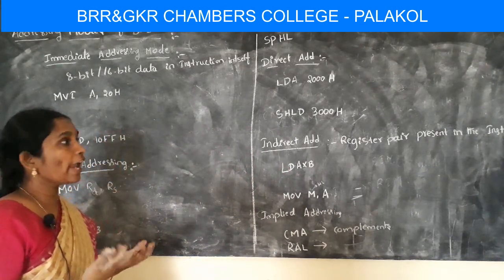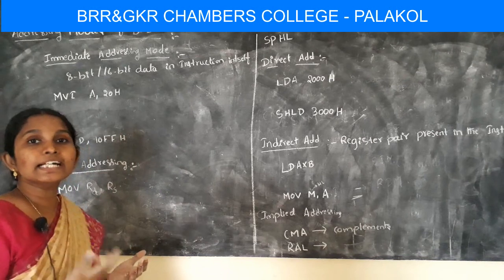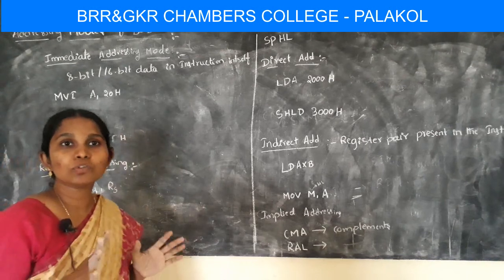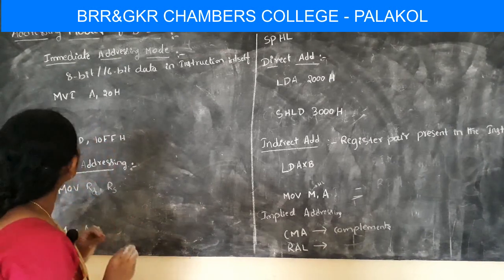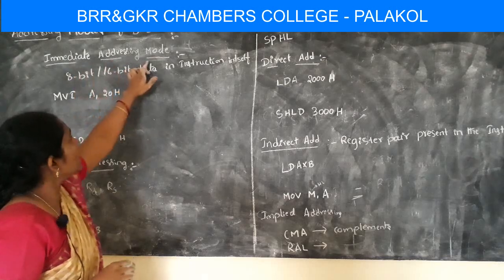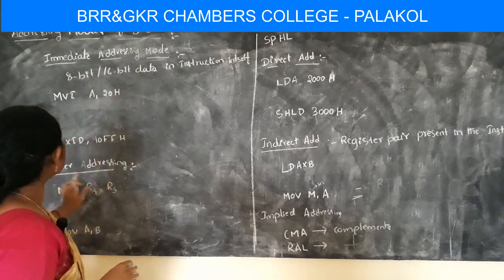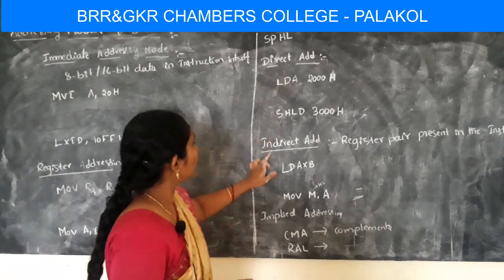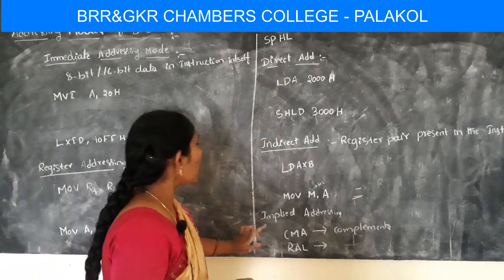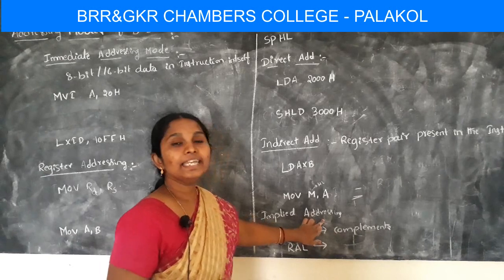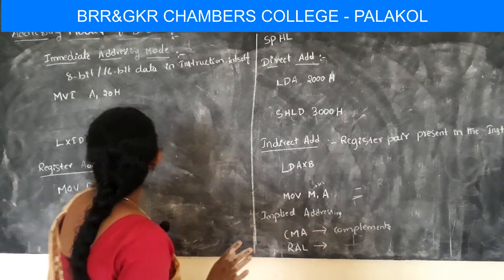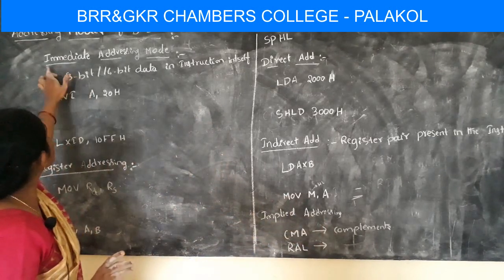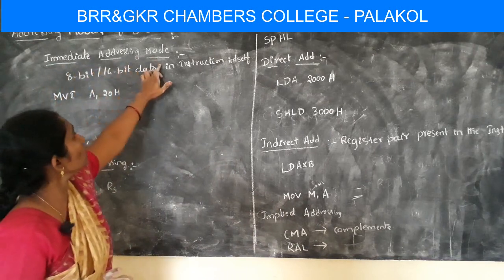The 8085 microprocessor has 5 types of addressing modes: immediate addressing mode, register addressing mode, direct addressing mode, indirect addressing mode, and implied addressing mode. The first one is the immediate addressing mode.